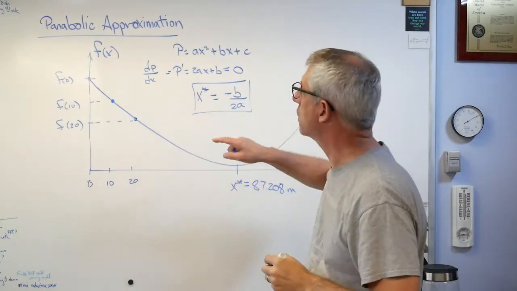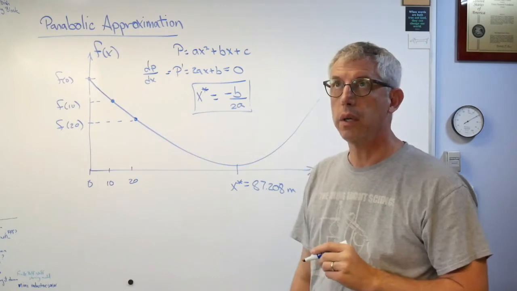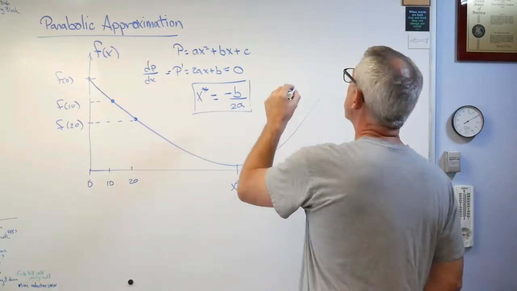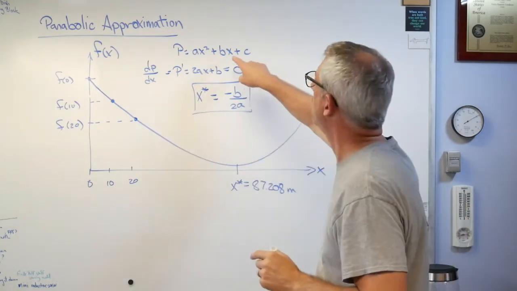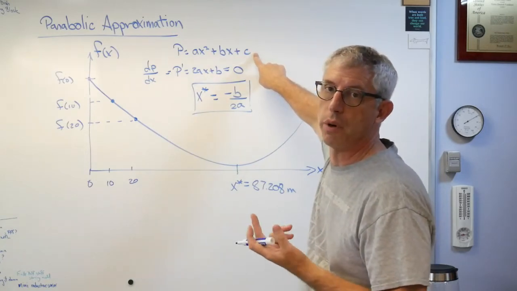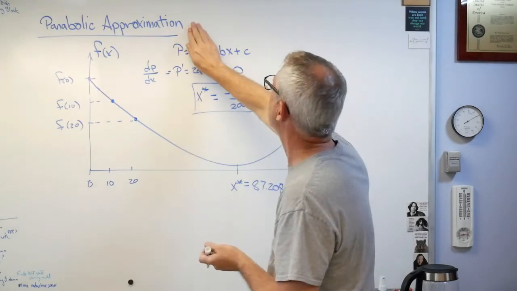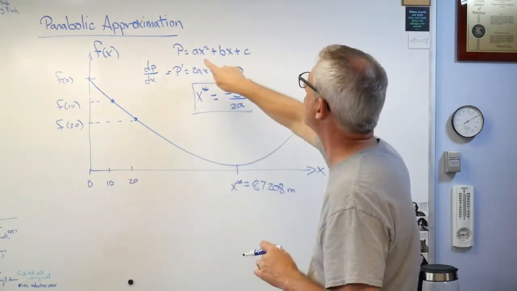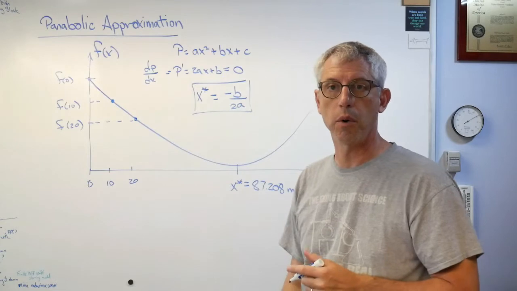Now this only works if the curvature is positive. It works if there is a minimum. This equation is either going to have one minimum or one maximum, or if it's a straight line, if that number right there is 0, it doesn't have either one. But let's just say this number here isn't 0, so it has a minimum or a maximum.